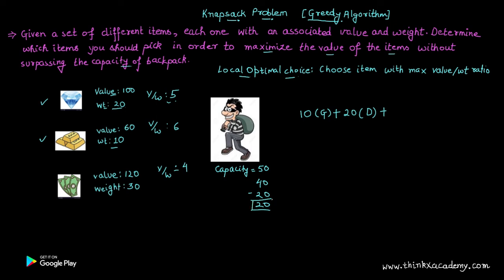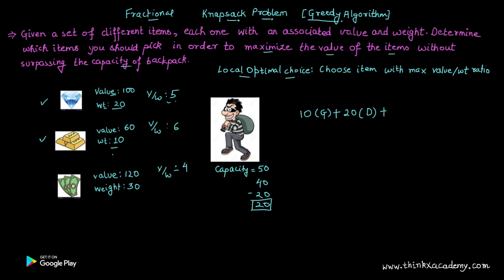Now we have 20 remaining capacity, so he is going to take some part of this cash in the backpack. Some part means the fractional part, so we can also call this problem the fractional knapsack problem.